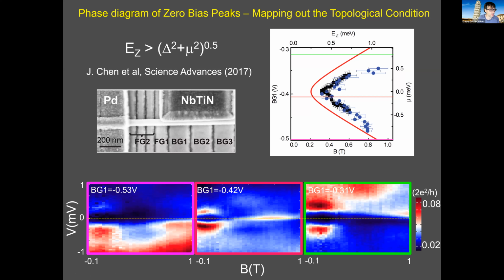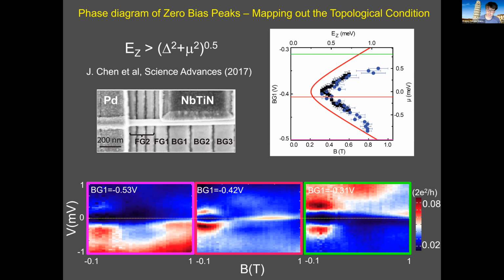So we tuned one of the BG gates, BG1, and we take these colorful maps, which are conductance maps. And if you look in the middle in the red frame at minus 0.42 volts on the BG1, we have this feature where a gap is closing, and then a zero bias peak appears at finite magnetic field, about a few hundred millitesla.